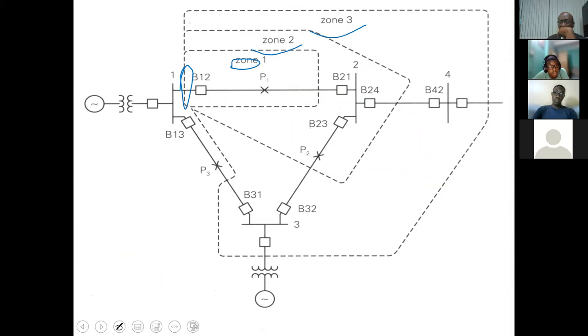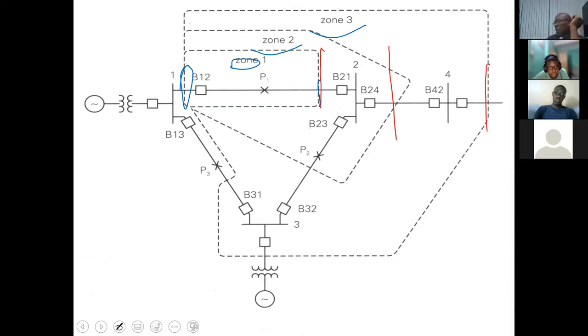So zone 1, you realize it does not go the full length of the line. Zone 1 stops here. Let me use a louder color. Zone 1 stops here. Then zone 2 stops over here. And zone 3 is all the way down here.